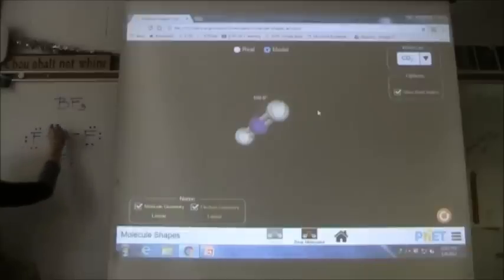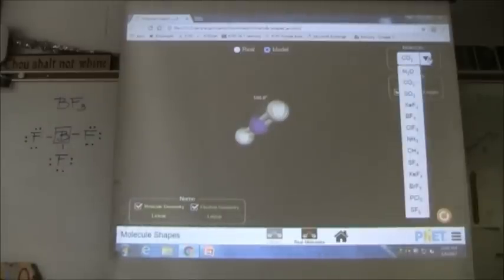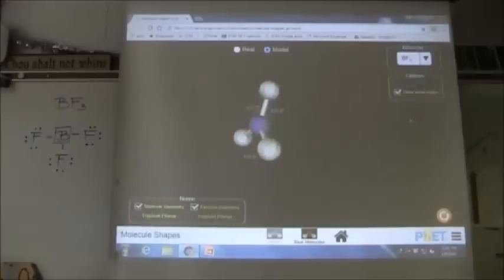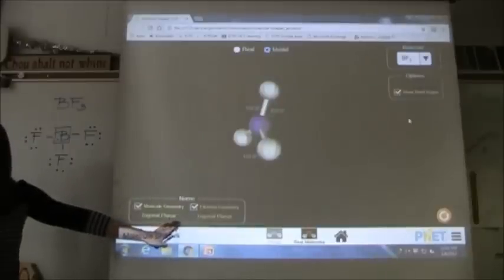Okay. What would be the steric number around that boron, central atom? 3? How many bonded pairs do you see? 3. No lone pairs. Okay. That, ladies and gentlemen, is trigonal planar.